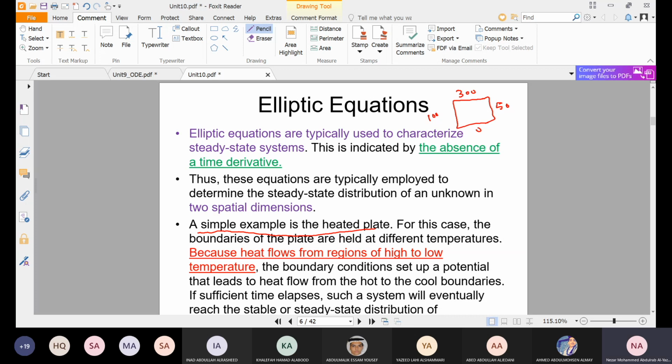This temperature is fixed because heat transfers from a region of high temperature to a region of low temperature.